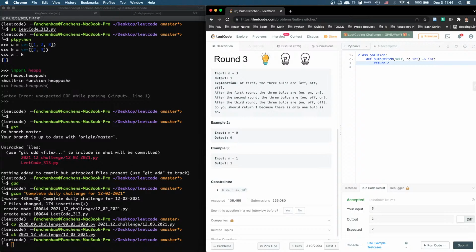So we have 3 different: 2 hits it, 4 hits it, and 8 hits it, and also 1. So that's an even number. If it's an even number, that's going to be a 0. 1 on, 2 off, 4 on, 8 off.